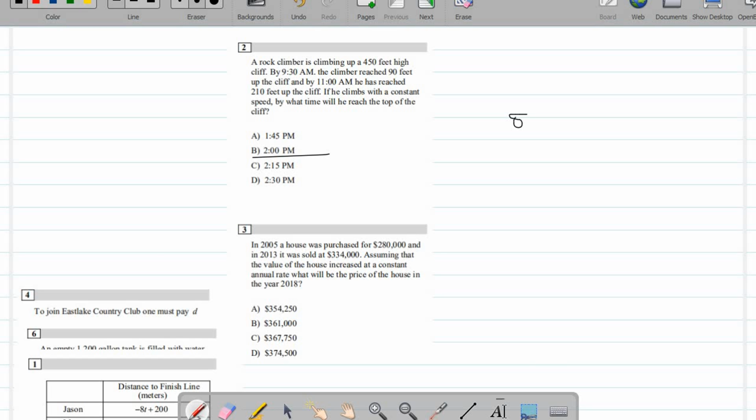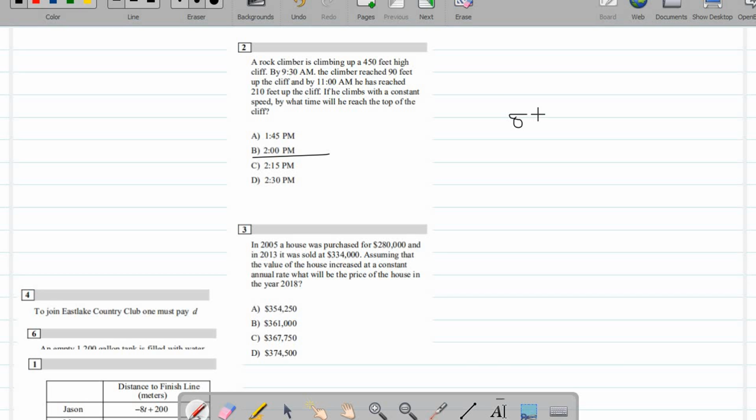So in 8 years' time, the house moved from 280,000 to 334,000. So looking at the rate, we just simply subtract it. 334,000 minus 280,000. So that's 54,000 divided by 8.